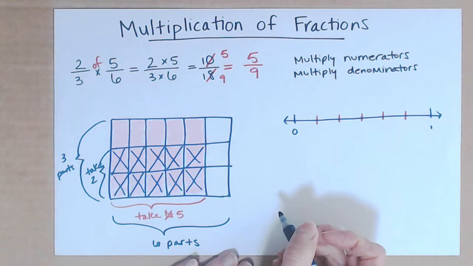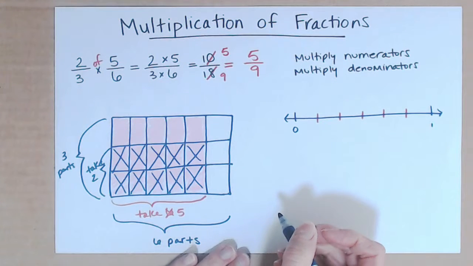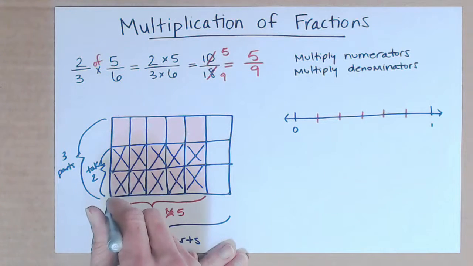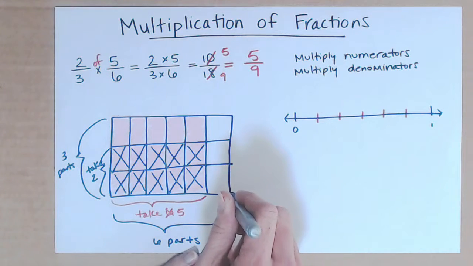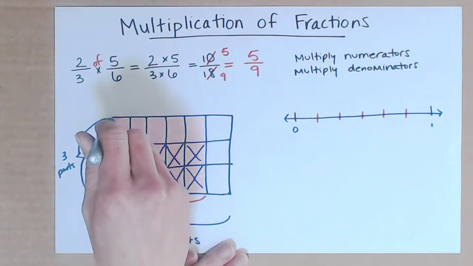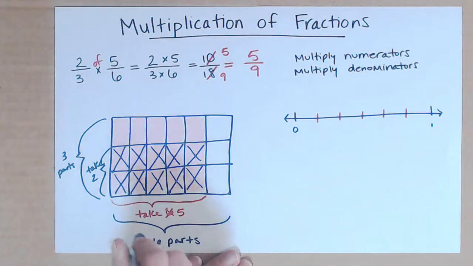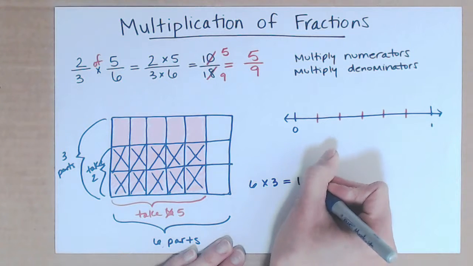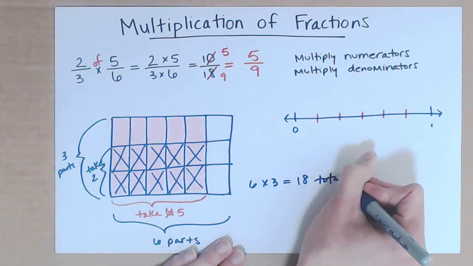We want to find the total parts. The total parts are going to be the number of rectangles going this way times the number of rectangles going this way. So 6 times 3 equals 18 total parts.